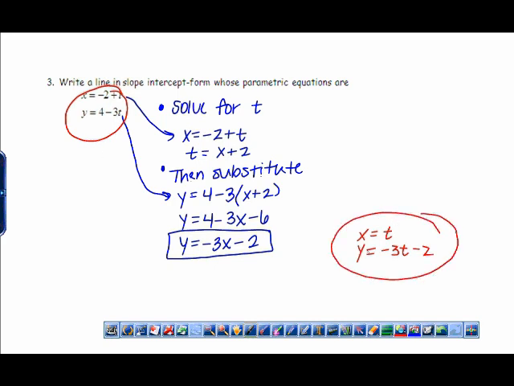Now if you look at these two parametric equations, they may seem completely different, and they are basically off by just a subtracting of 2, or this addition of -2. But they would actually yield the same result, which is this graph right here.